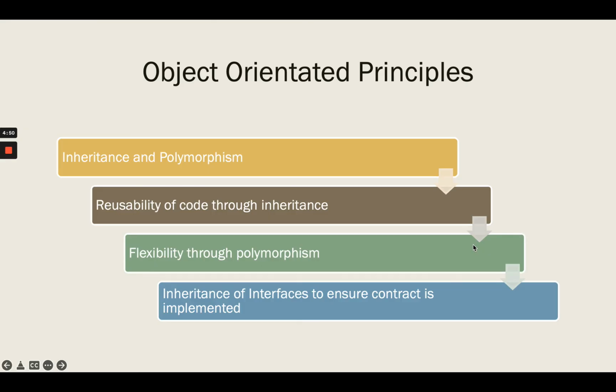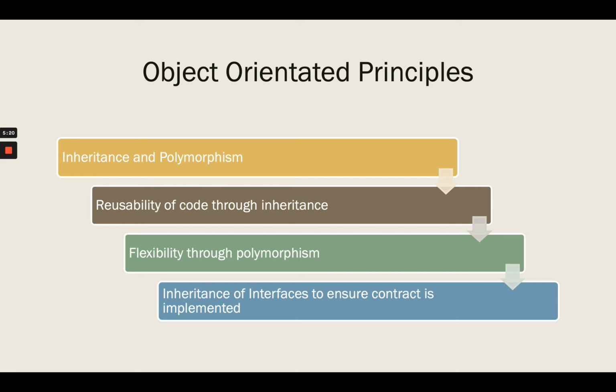So moving into object-oriented principles, there was quite a bit that we used for this project. For example, inheritance and polymorphism. We use a lot of that when we were inheriting interfaces in our data access classes or business classes. And then from there we could override those methods, and then we could use the contract from the interface to basically just encapsulate.